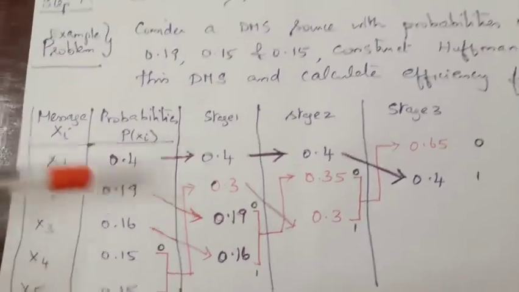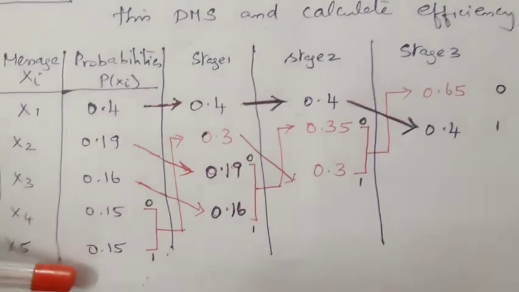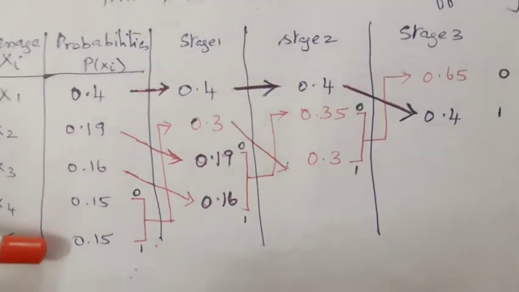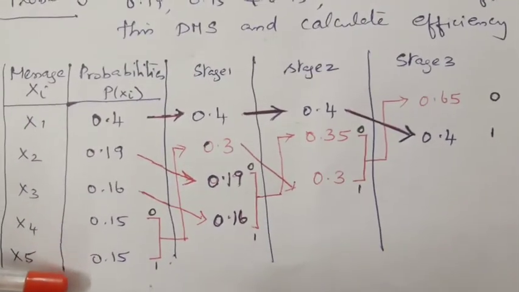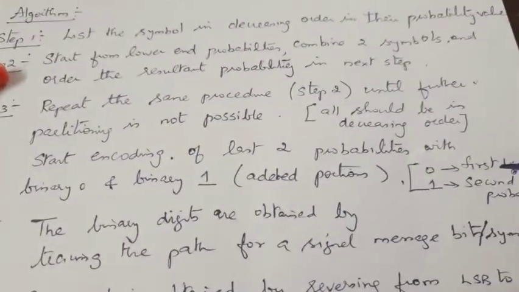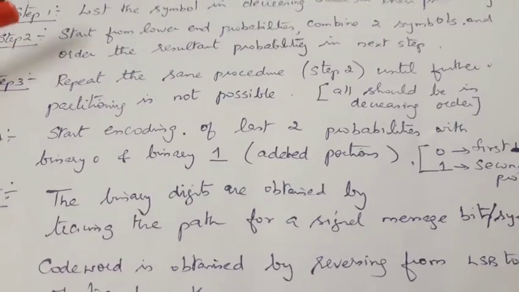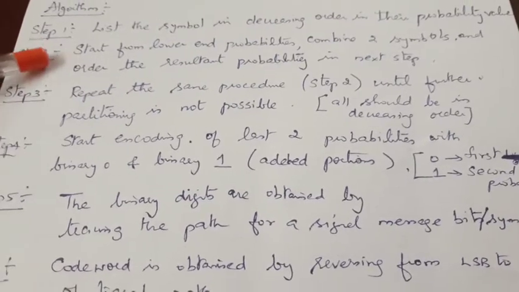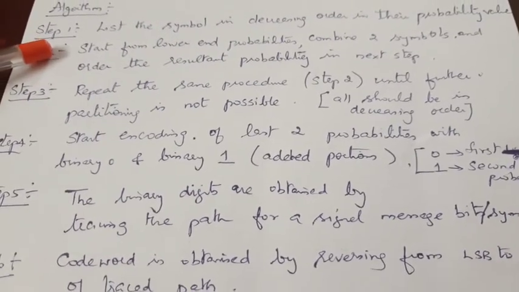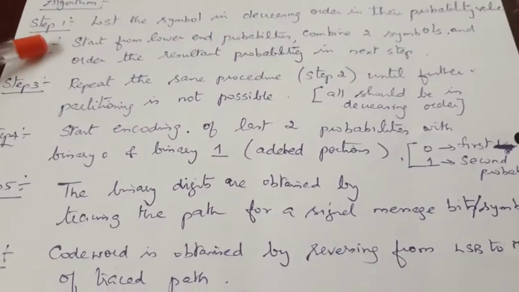0.4, 0.19, 0.16, 0.15, 0.15. This is step 1. Step 2 states that you start from the lower end probabilities and combine those two symbols to get a resultant probability.